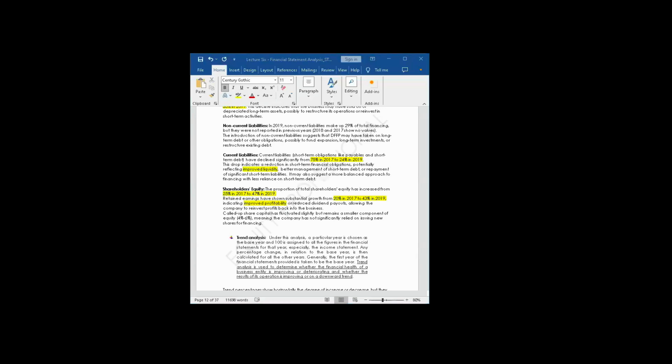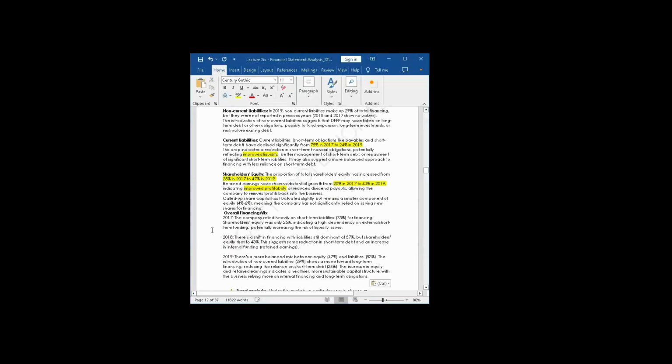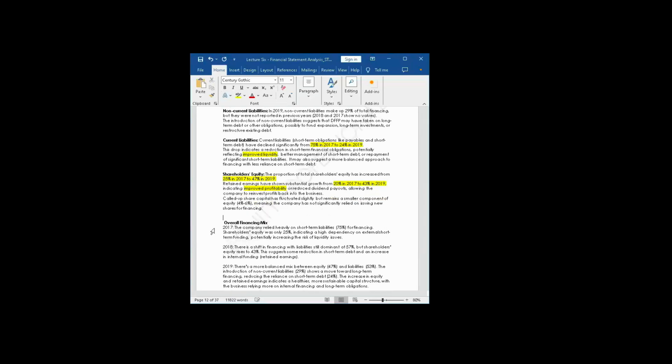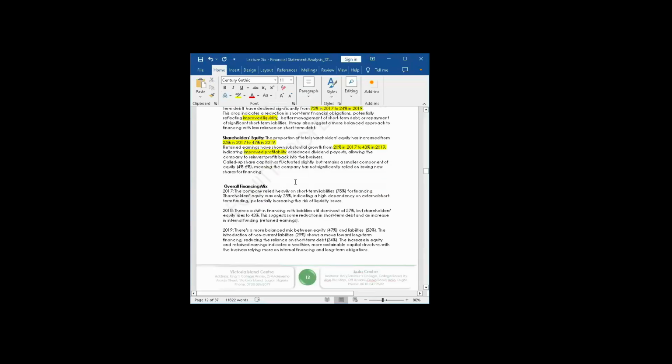So the overall comment is that, let me give you an overall comment. In 2017, the company relied heavily on short-term liabilities, which stood at 75% for financing.